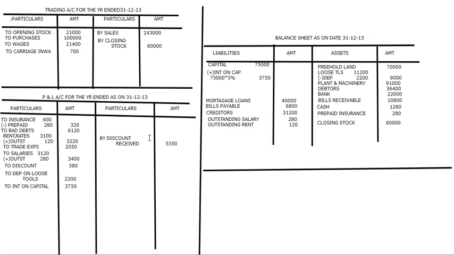Now we'll start totaling from the trading account. So first comes as a trading. 2,43,000 plus 60,000 if I do, I'm getting 3,03,000. So from this I will minus 21,000, 1 lakh minus 21,400 minus 700. So if I'm doing, I'm getting a gross profit of 1,59,900. So we call it as what?